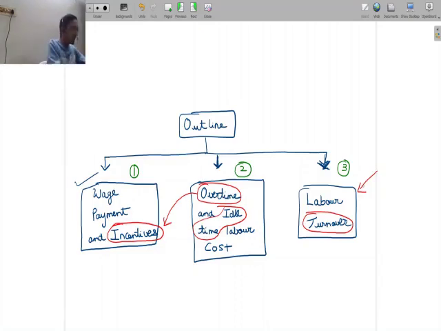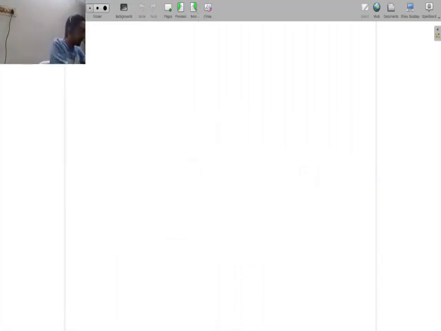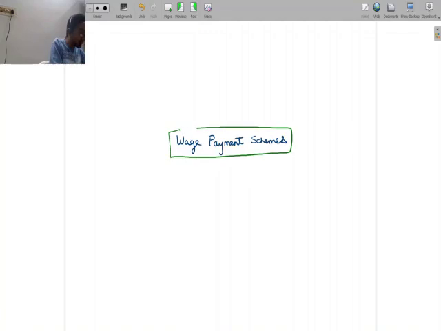So now that we understand this, let's go ahead and discuss the first area here. Let's look at wage payment schemes and incentives. I'm going to be classifying this broadly into three parts.